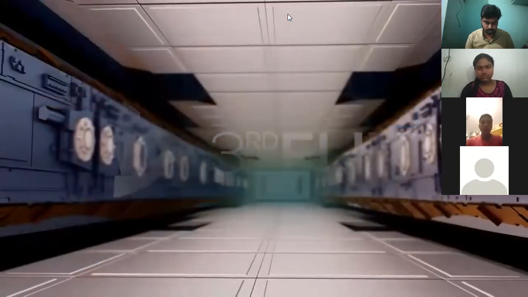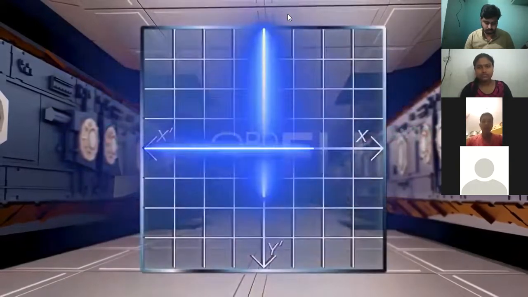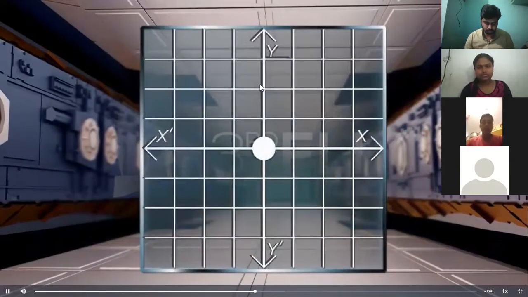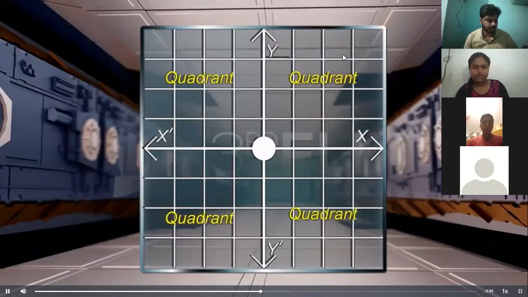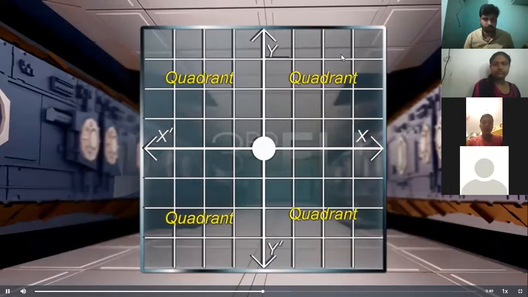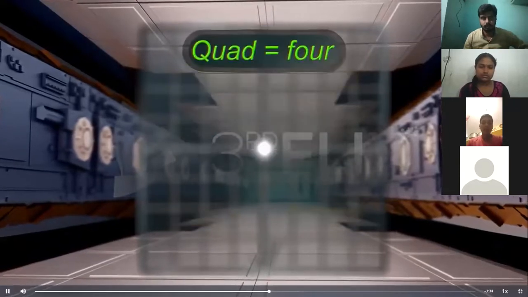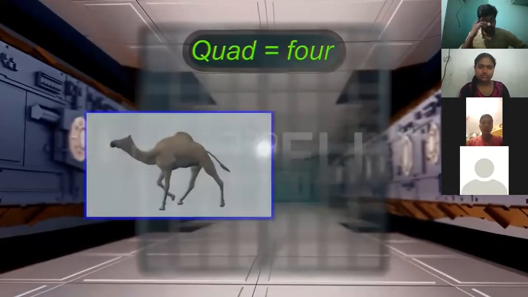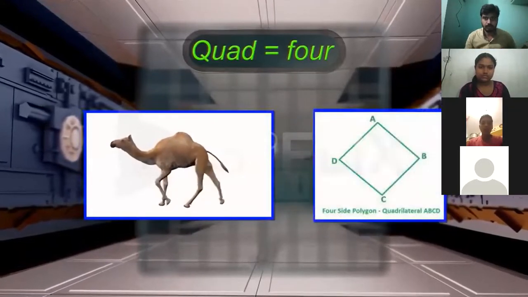Let's understand the Cartesian system with quadrants. The coordinate axes divide the plane into 4 equal parts. Each part is called a quadrant. The word quadrant comes from quad, meaning 4. For example, a 4-legged animal is a quadruped and a quadrilateral is a 4-sided polygon.